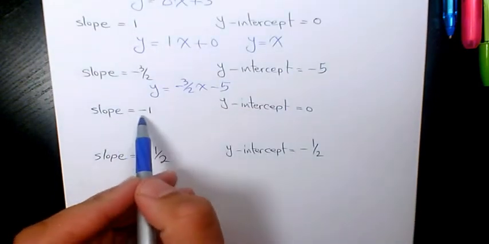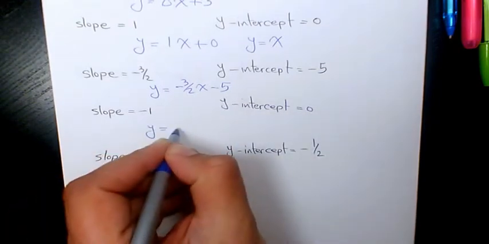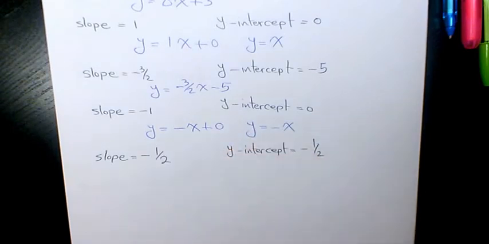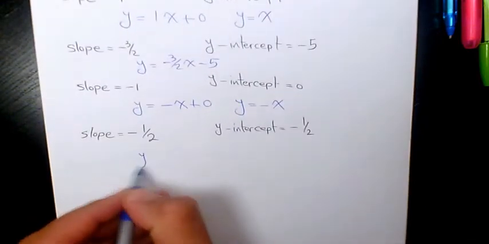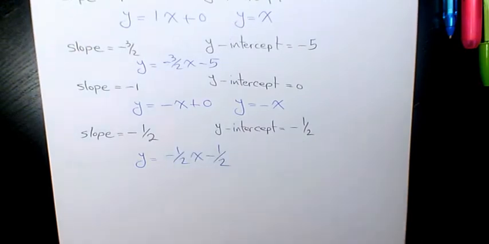This one, the slope is -1 and y-intercept is 0, so it's going to be y equals -x plus 0, or y equals negative x. This one, the slope is negative 1/2, and the y-intercept is the same thing, so it's going to be negative 1/2 x minus 1/2.